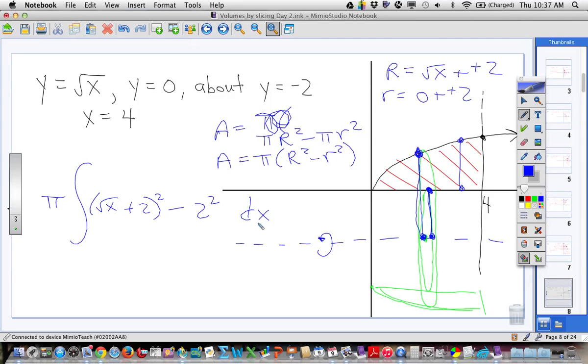And then I can pull my pi out in front of the integral. This is where it really comes in handy, I think, to write your big R and your little r separately, top minus bottom, look at the strips. And then that goes from where to where? Zero to 4. Okay, because those slices are going to fill from 0 to 4.